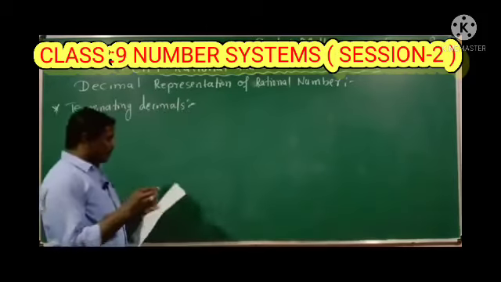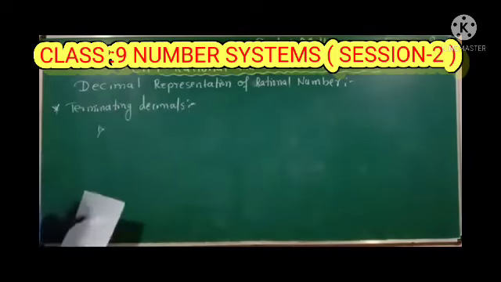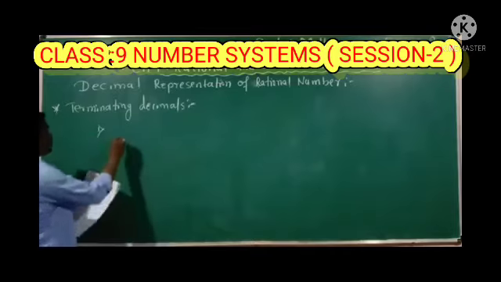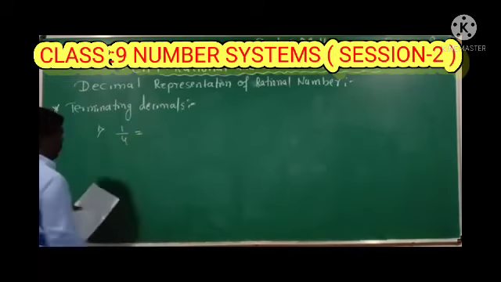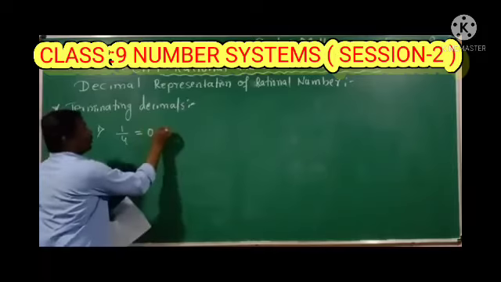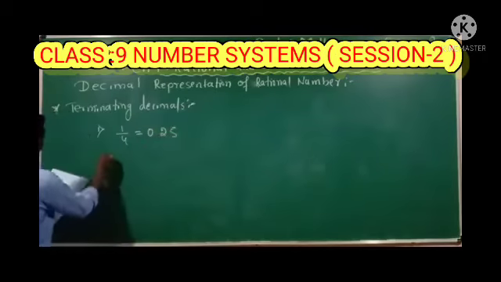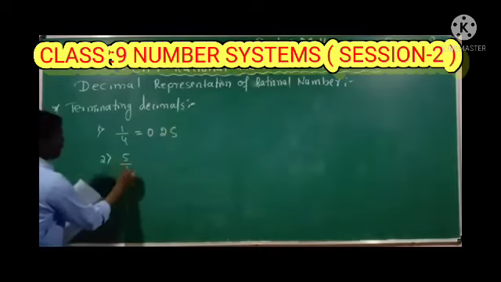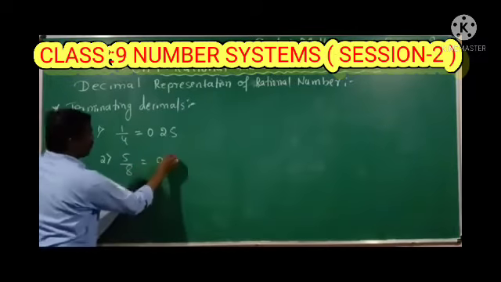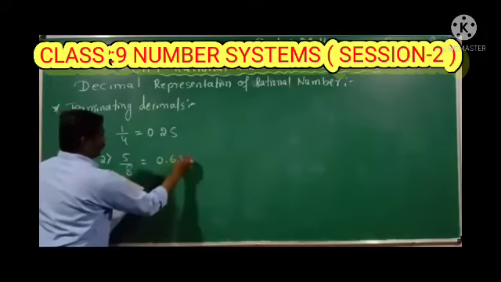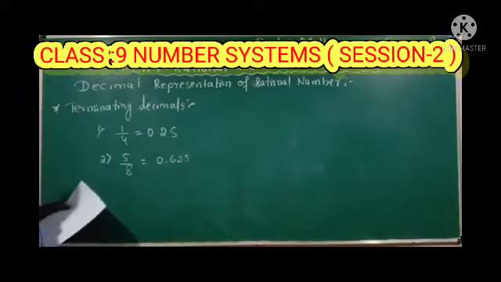Now, for example, here I am taking some examples of terminating values. 1 by 4 is equal to 0.25. Second one, 5 by 8 is equal to 0.625.